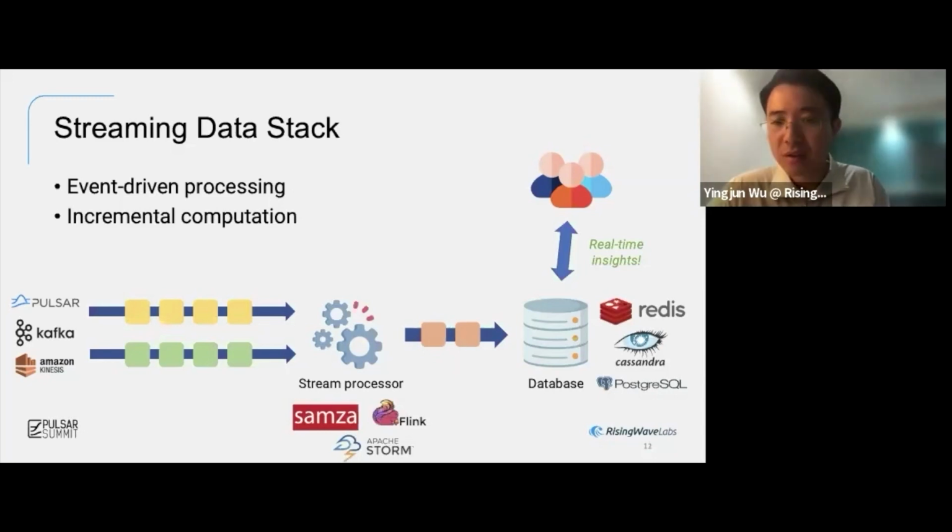Classic stream processing systems include Samza, Storm, Flink, and many others. If you talk about databases, there are probably many more choices, such as Redis, Cassandra, Postgres, and MySQL definitely.